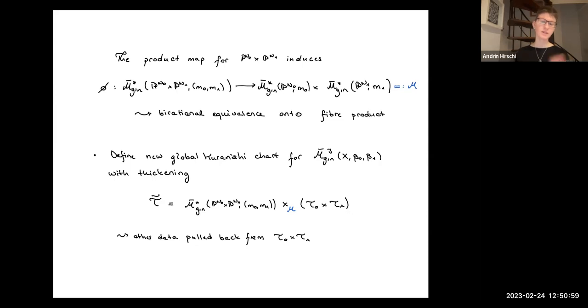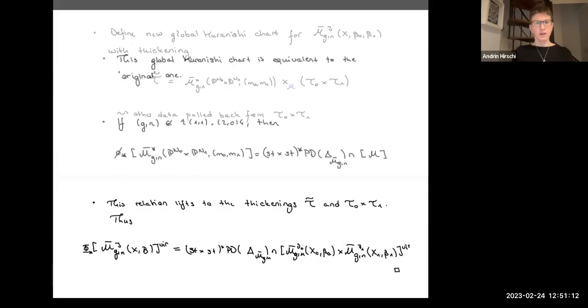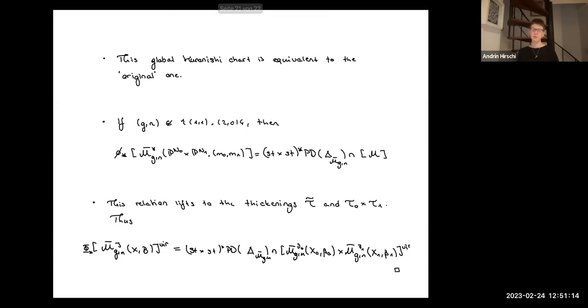And we pull back all of our data from the global Kuranishi chart we have on the right. So we pull back the obstruction bundles and the obstruction sections. Now you can show, similar to how you show uniqueness, that this global Kuranishi chart is equivalent to the disjoint union of the original global Kuranishi charts we constructed for the moduli spaces.